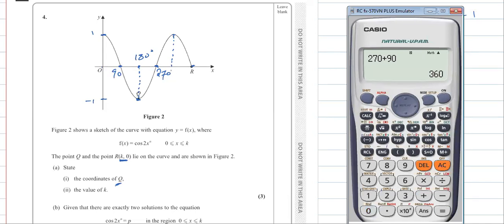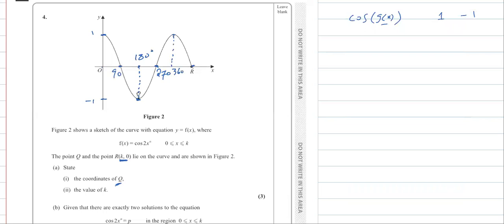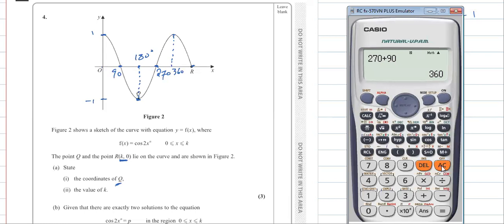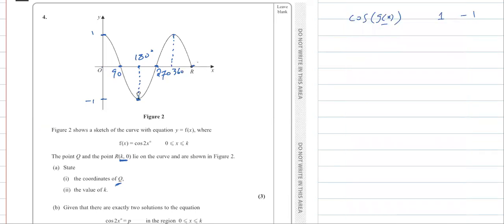Then another 90 more will make 450 degrees. So here this will be 450 degrees.